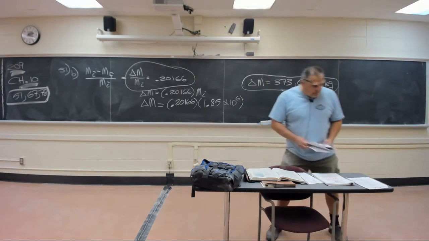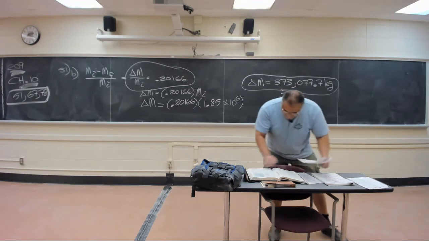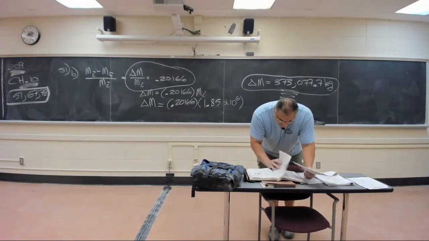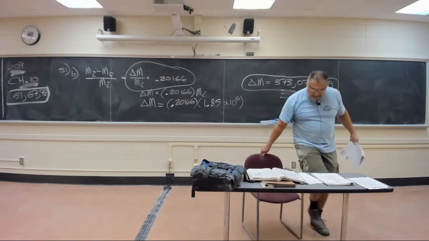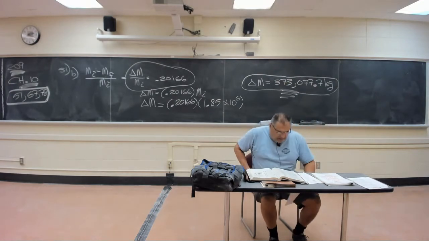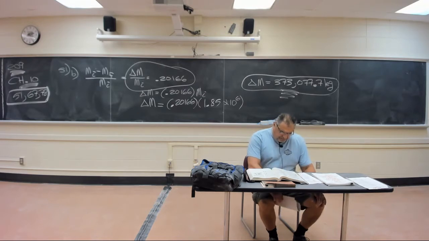Let's go to problem number 67. 67 is saying the position of a particle of mass m1 equals 1 kilogram is described by the vector r1 vector equals the quantity 2t plus 5t squared i hat plus 4t j hat, where t is in seconds and our vector is in meters.